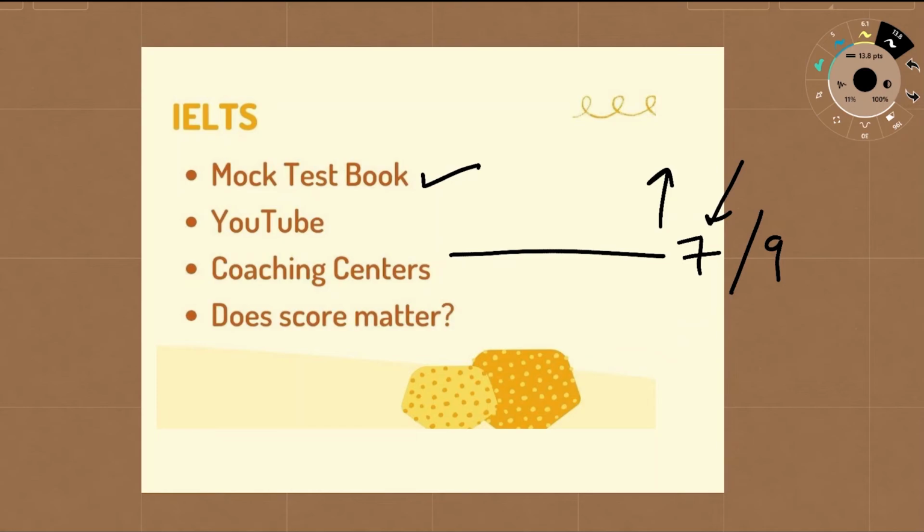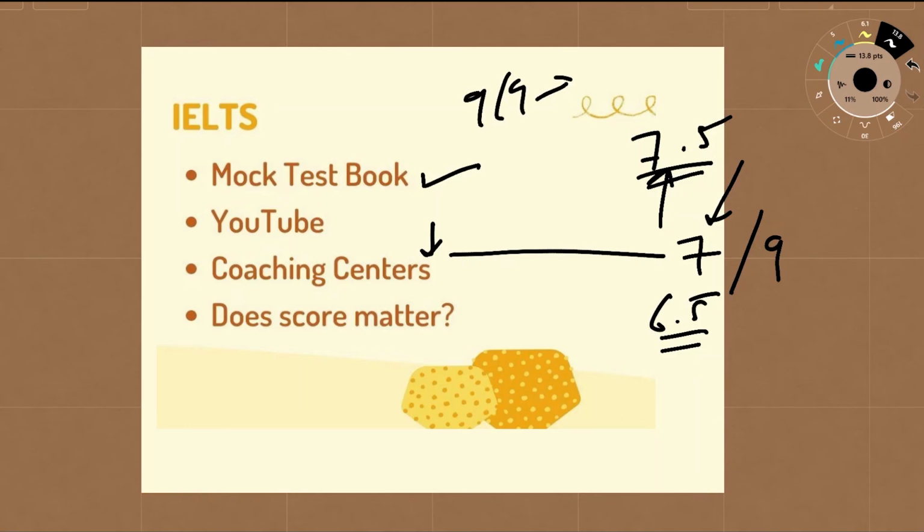You have to get 7 or above, if it's mentioned in the university that 7 is the minimum score needed. So I would suggest give a few mock tests and see if you're getting a score above 7 or below 7. If you're getting a score below 7, then you should take this very seriously. But if you're easily scoring, let's say 7.5, it's not a good investment to get a score like 9 out of 9 or 8.5.